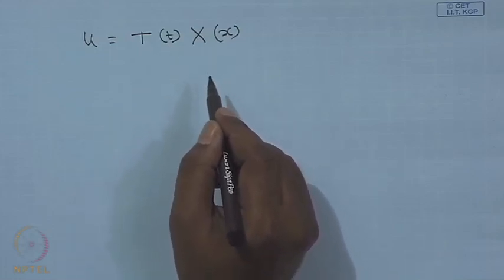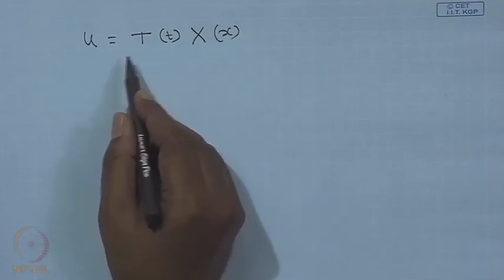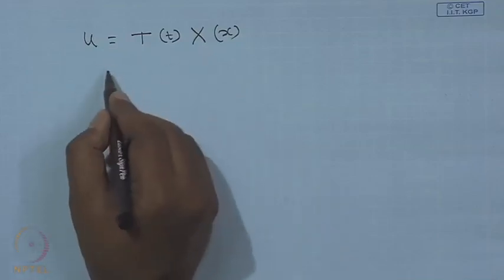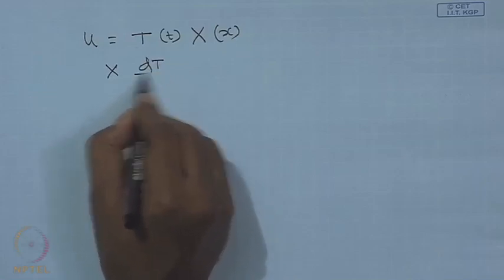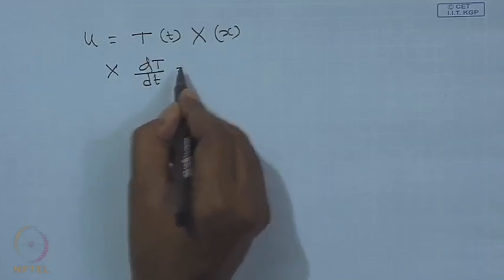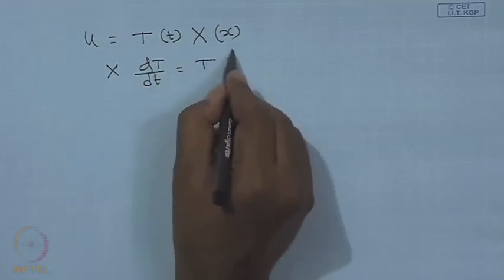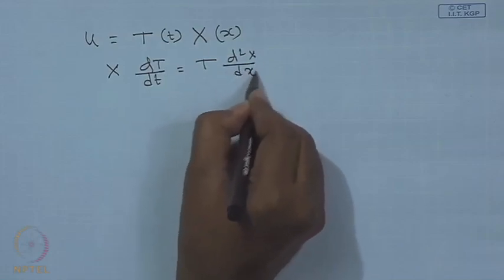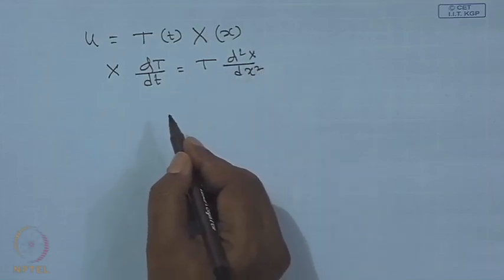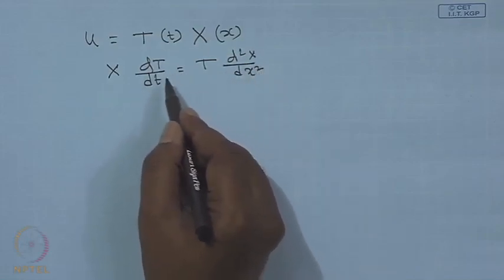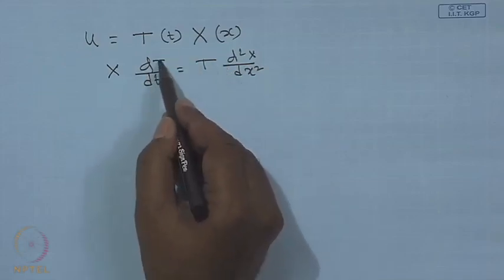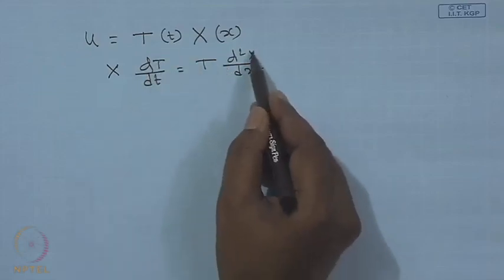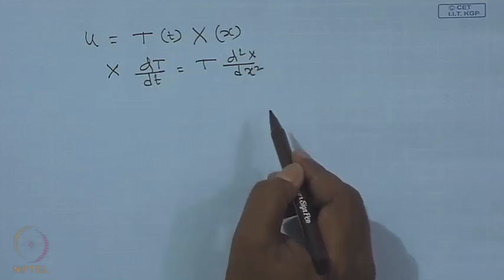Once we do that, we substitute this product in the governing equation. If you put it in the governing equation, this becomes X dT/dt, and this becomes T d²X/dx². Therefore, the partial differential becomes a total differential, because T is a sole function of time and capital X is a sole function of space.